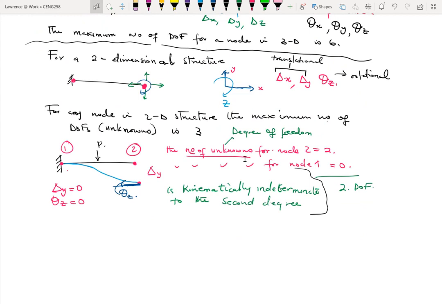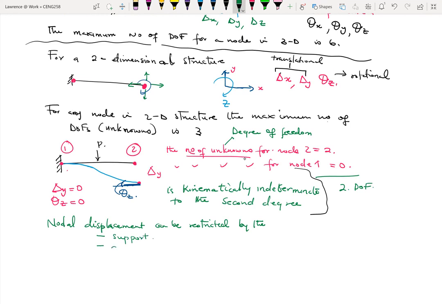So we can see here that nodal displacement, or the displacement of the nodes, can be restricted by the supports. That is one, as we just saw.